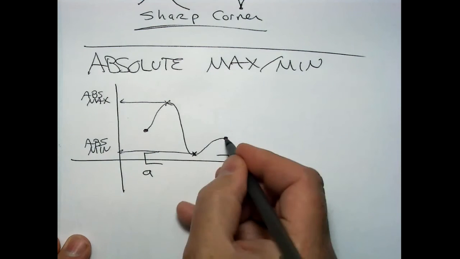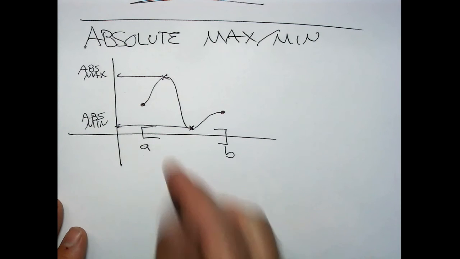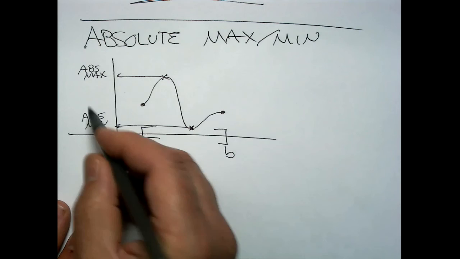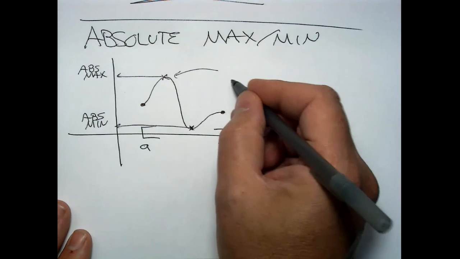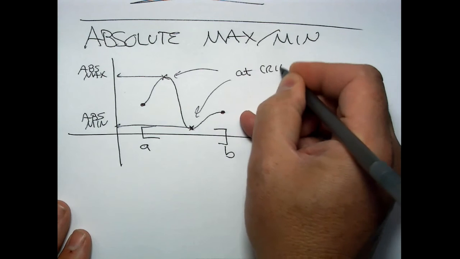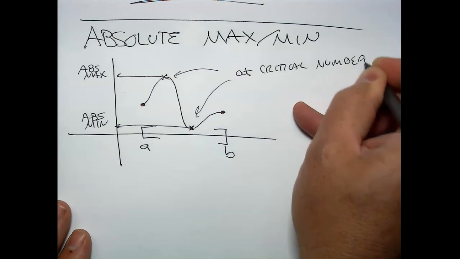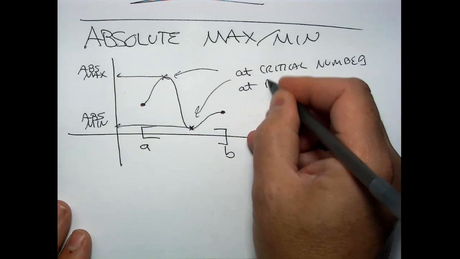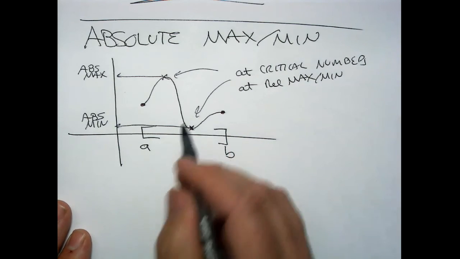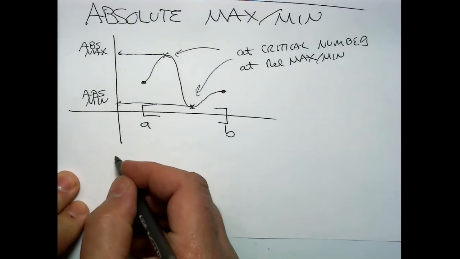And the endpoints are not very important, I guess, in terms of absolute max and min. That's not an absolute max or a min, and neither is that. So certainly one site of potential absolute max or min would be at critical numbers, which also means at relative maxes or mins, relative to the local area, which are always hills or valleys or spikes. How about another example?